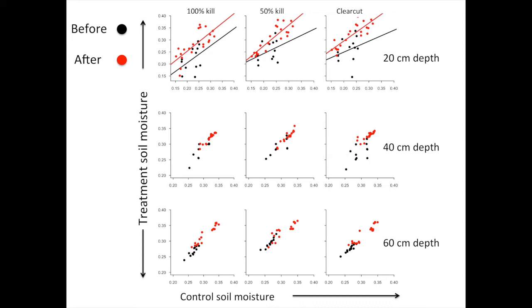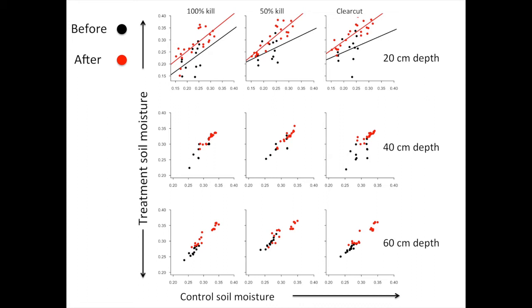In the control it was 0.25 for one day, and on that exact same day in the 100% kill treatment it was 0.22, for example. We build this relationship, and what you aim for is a fairly tight relationship before you apply the treatments, and once you apply them, you have a shift in the relationship. As you can see for these three depths, we can trace parallel lines, and we didn't detect a significant effect.